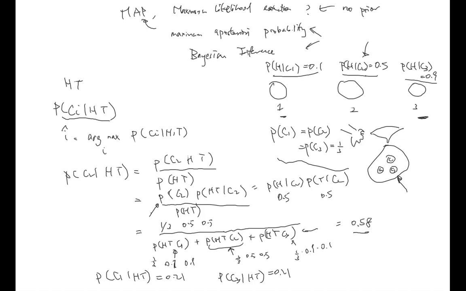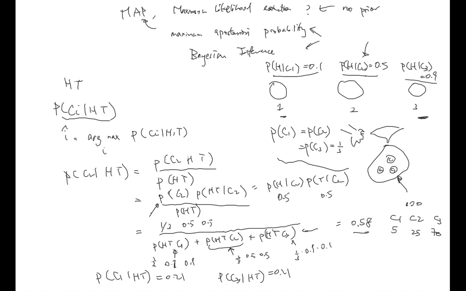For example, if I tell you there are actually 100 coins in the bag, and C1 has five coins, type 2 has 25 coins, and type 3 has 70 coins, then my estimate can be completely different. In this case, the computation for both MAP and maximum likelihood is essentially the same.